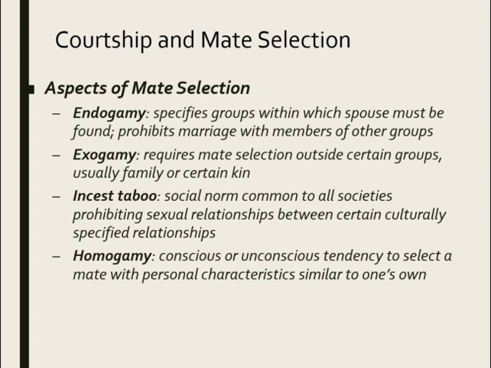So the incest taboo, this is where sexual relationships between culturally specified relationships is prohibited. And so this is definitely in terms of really close kin, that we know that with incest that it can breed a lot of problems within just your DNA and genetics, that this is often when you see mutations happen.